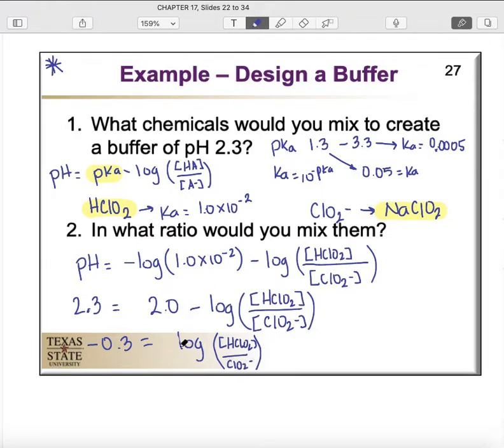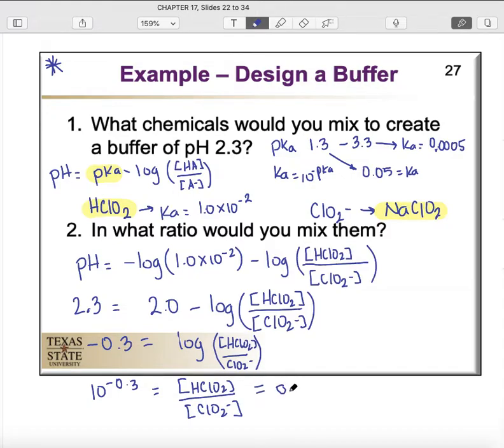And the last thing that I need to do is to get rid of the log, and to do that I just do the inverse log. So 10 to the minus 0.3 is going to be equal to the ratio of HClO2 to the conjugate ClO2 minus, and 10 to the minus 0.3 is going to be equal to 0.5.